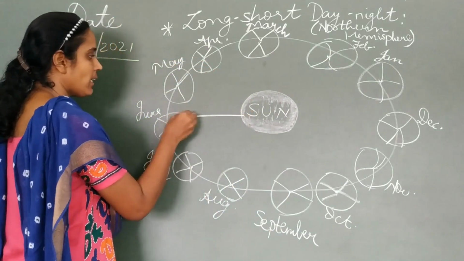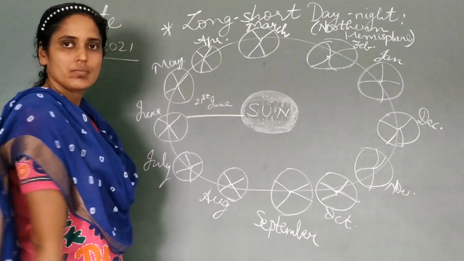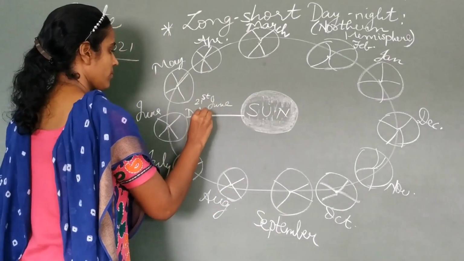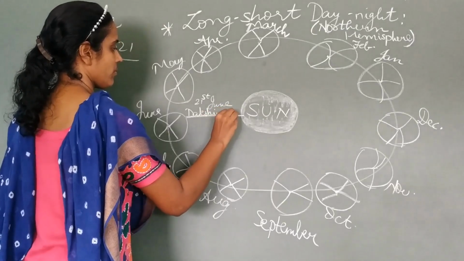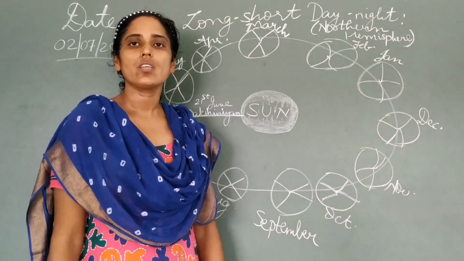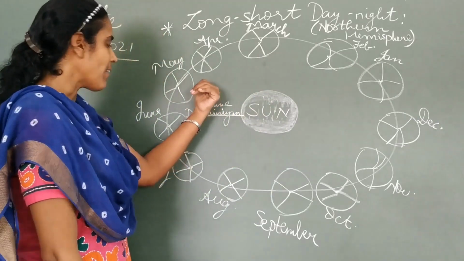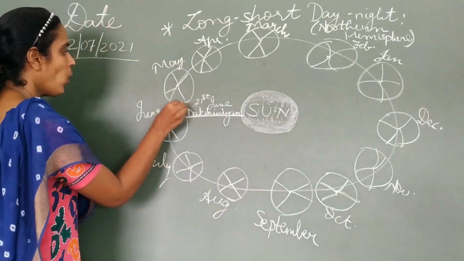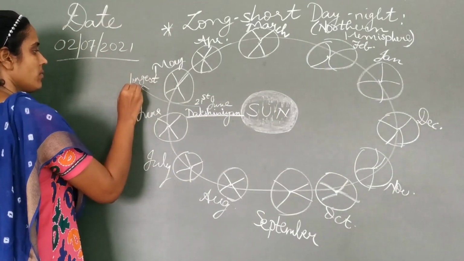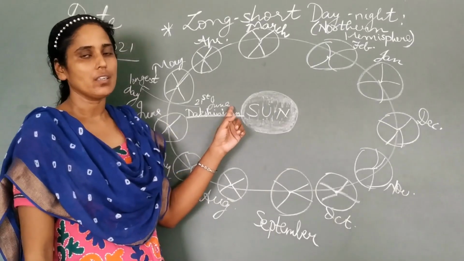So here you make a straight line and write 21st June, and that is known as Dakshinayan. This is the longest day of the year. So here you have no space to write, so put an arrow over here and write longest day. Okay students, written.